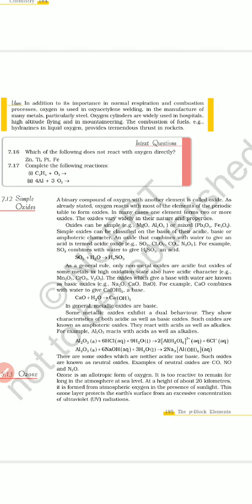In the manufacturing of many metals, particularly steel, this dioxygen gas is used. Oxygen cylinders are widely used in hospitals.